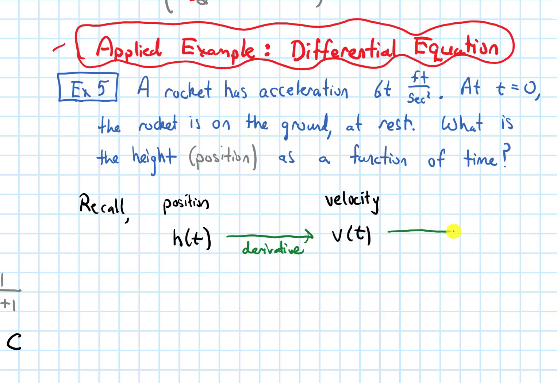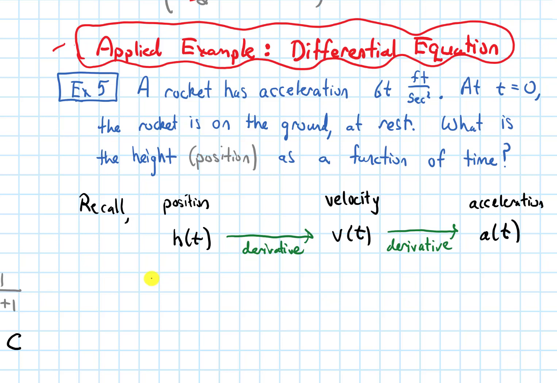And if we take the derivative of velocity, then we get acceleration, which is a of t. So on the flip side, if I have acceleration, I would need to take an antiderivative to get velocity, and I would need to take an antiderivative of velocity to get position.